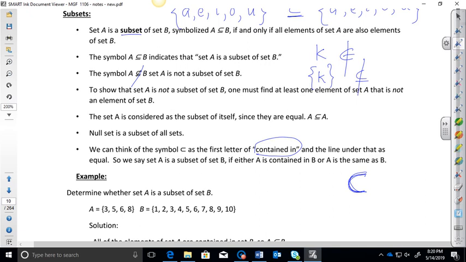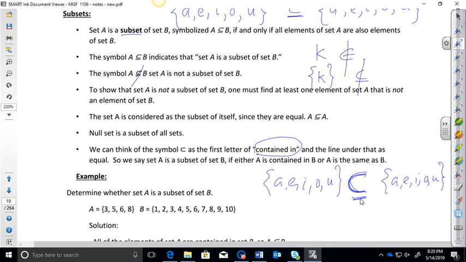So I cannot say the set itself, A, E, I, O, U, is a proper subset of the set itself. If I want to say that, then I have to put the line underneath. So proper subset and subset. A proper subset is a subset too.